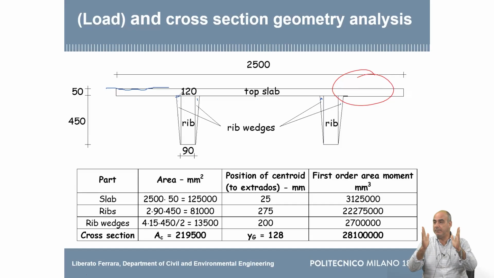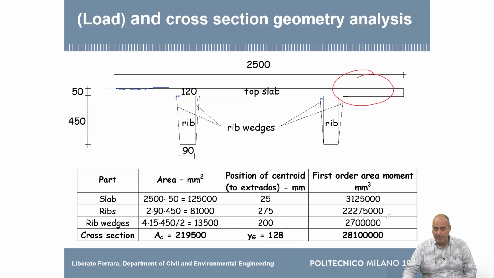Because at the top, the trapezoid is 120, minus 90 is 30, divided by 2 is 15, times the depth, which is 450, divided by 2, because it's a triangle. This is the area. Where is the centroid position? At 1/3 of 450, starting from the top. Plus, you have to add the 50 millimeters of the slab. So 1/3 of 450 is 150, plus 50 is 200.